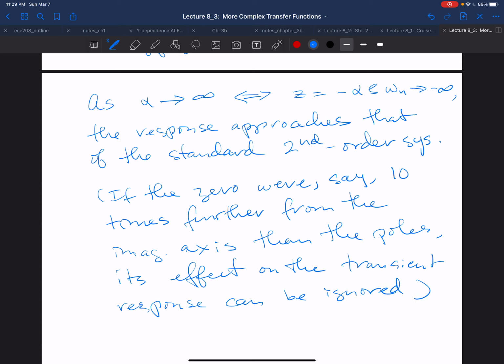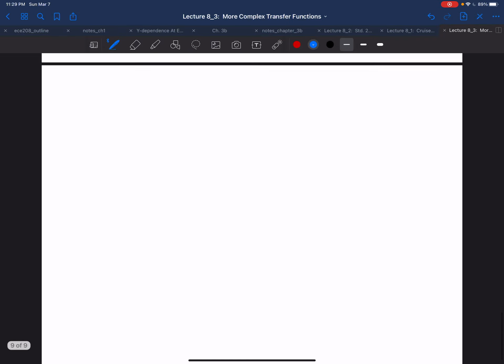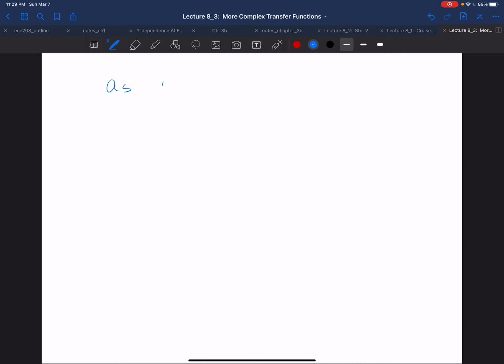But what if alpha gets very small? Well, then, of course, this term 1 over alpha zeta omega n, by which the copy of the impulse response of the standard second order system is multiplied, goes to infinity.